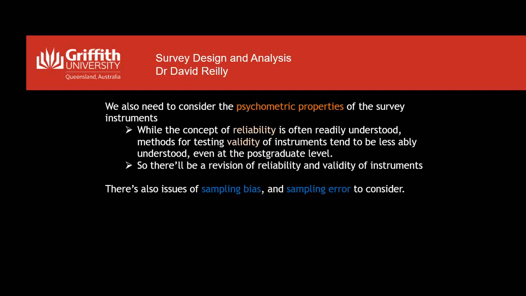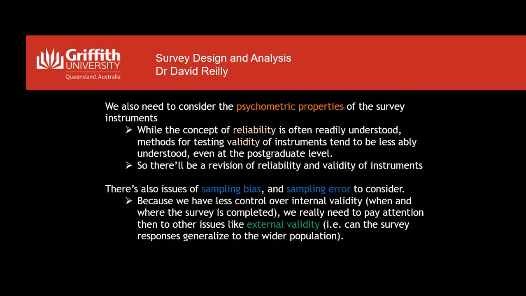Now there'll also be issues of sampling bias and sampling error to consider. Because we have less control over the internal validity of our study, when and where the survey is completed, it might be completed at home, while someone's travelling on the public transport, they may be watching Netflix in the background, and they may not be paying attention to the survey quite as well, and there might be all this additional noise in the data.